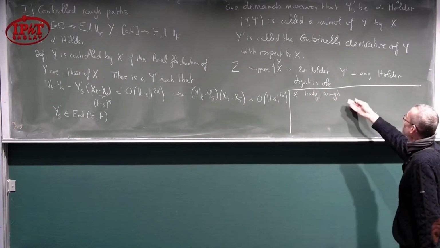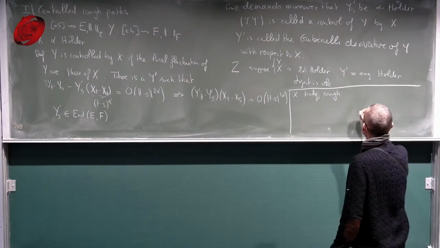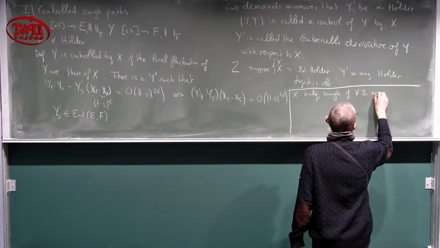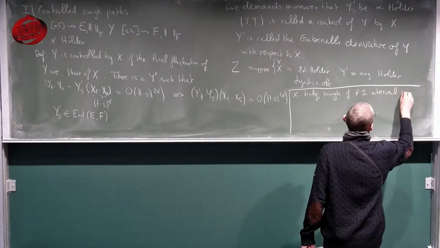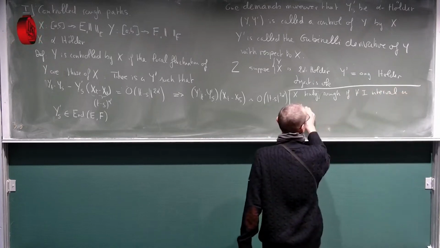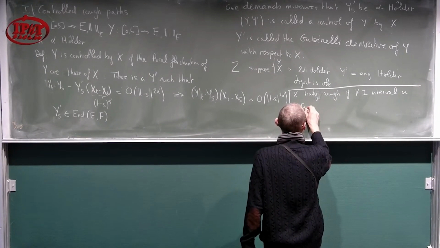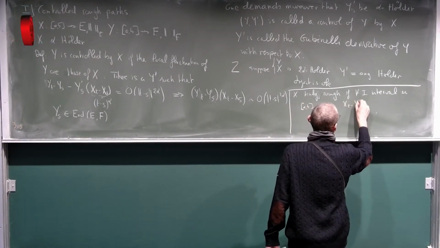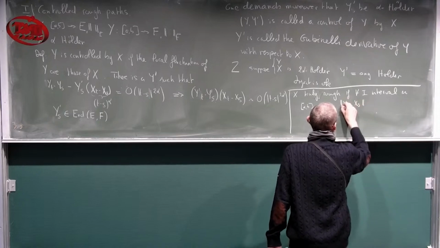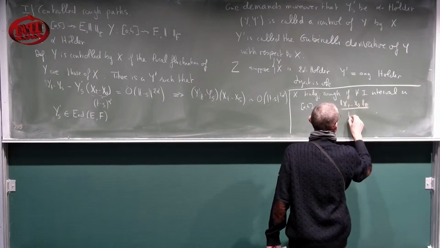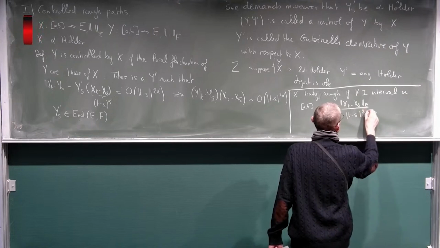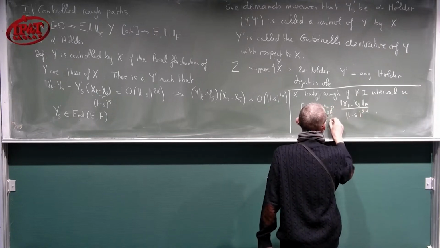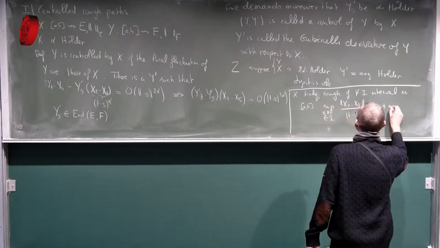One employs the term rough, but x doesn't have to be a rough path if the sup over s different from t belonging to an interval E in [a, b] of the norm of x_t minus x_s divided by t minus s to the 2 alpha is equal to plus infinity.